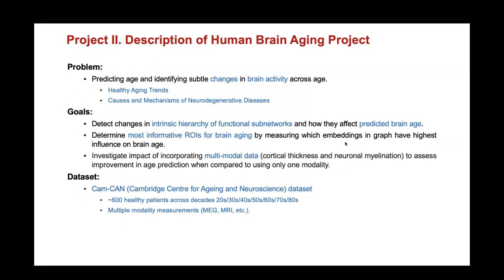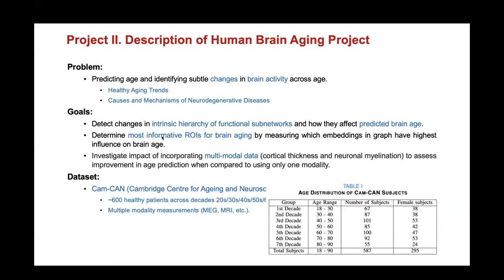We have MEG neuroimaging data, and we want to detect changes at the regional level and subject level across time. This is our dataset from the Cam-CAN dataset. We have seven different decades, from teenagers to older people, 80 to 90 years old, and this shows how many female subjects.